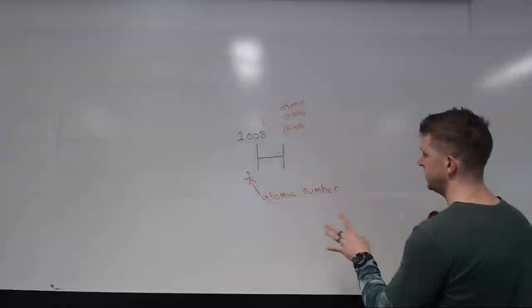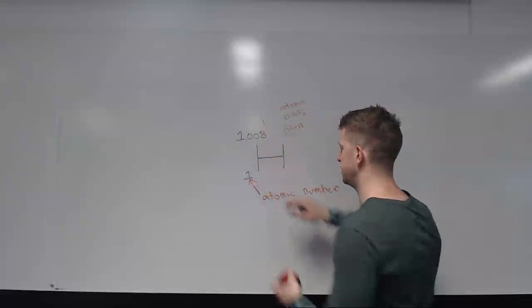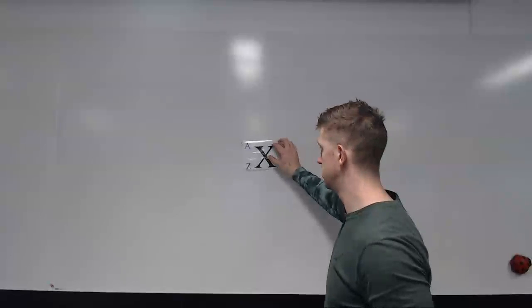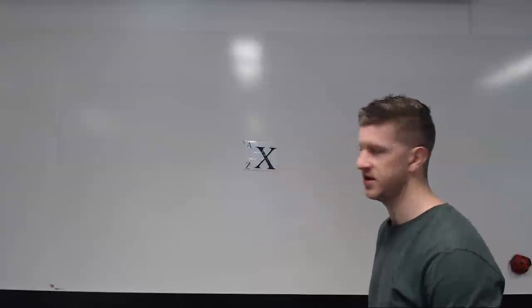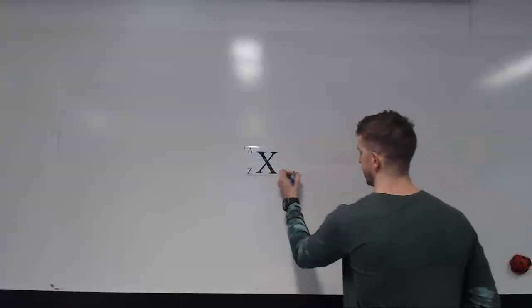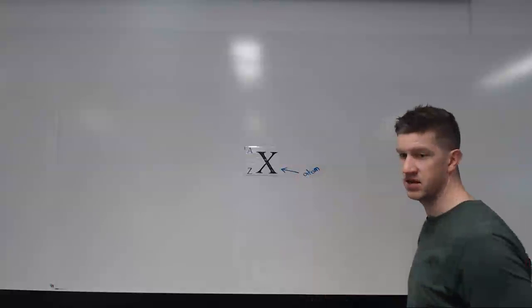Therefore, if I went from this form where I've got atomic number, atomic mass, symbol, and I wanted just a generic situation, how could I represent any single atom regardless of what it is? So we use this form. We'll call X, which is just the atom or the element, whatever it is.